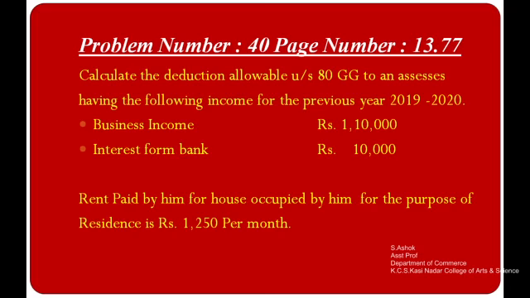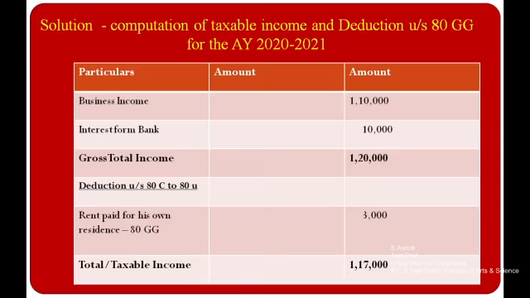Let's see how to work out the problem. See the solution: computation of taxable income and amount deductible under section 80GG for the assessment year 2020-21. Assessment year 2021 rules and regulations are applied for this answer. What is given in the sum?